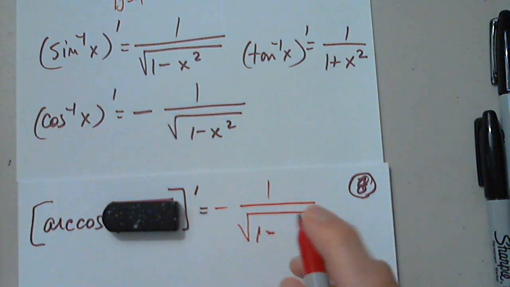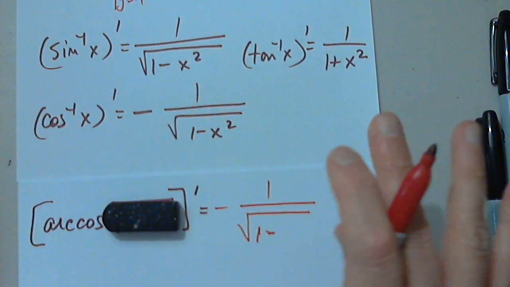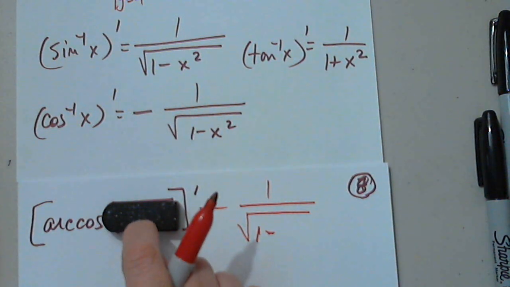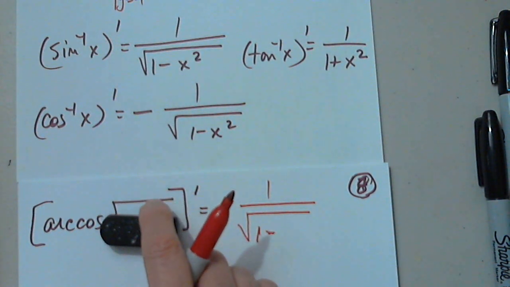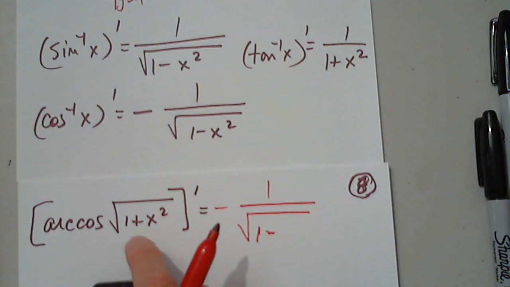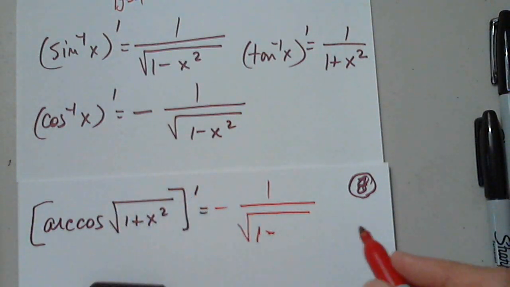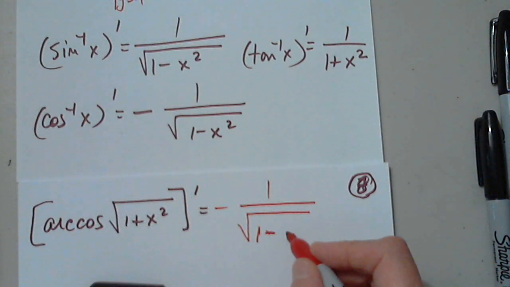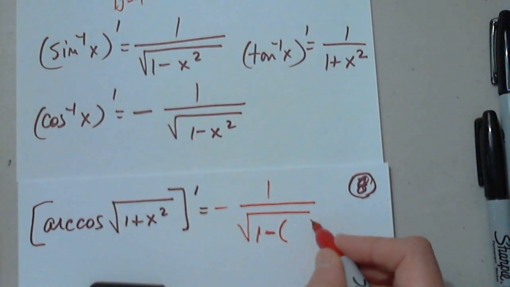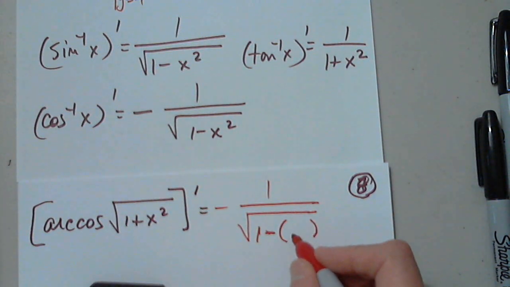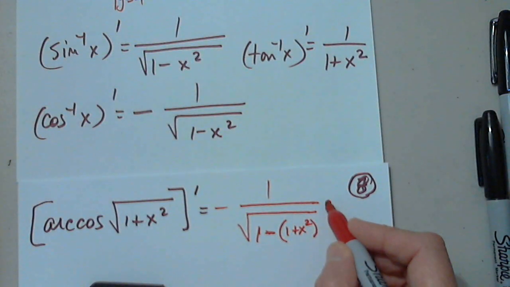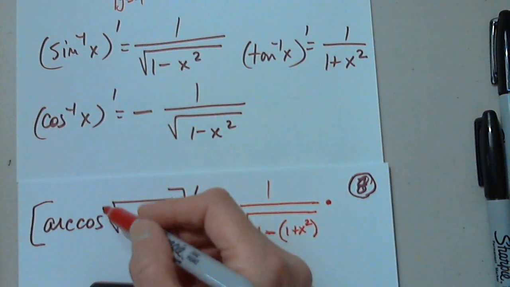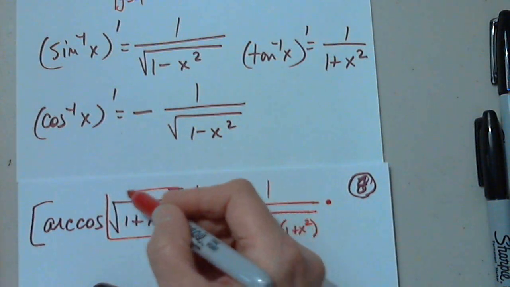Now I have to stop. You're correct. Everything you said is perfect. This squared, because this is not x. So let's square this. What do I write? One plus x squared. Very good, of course. Times the inner function prime.